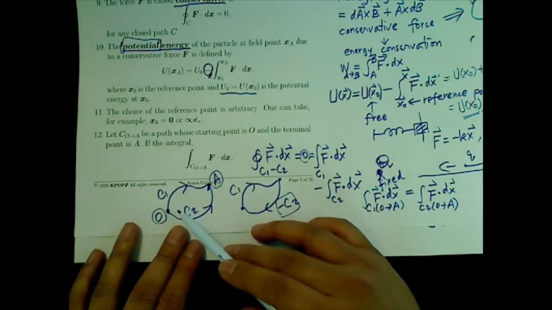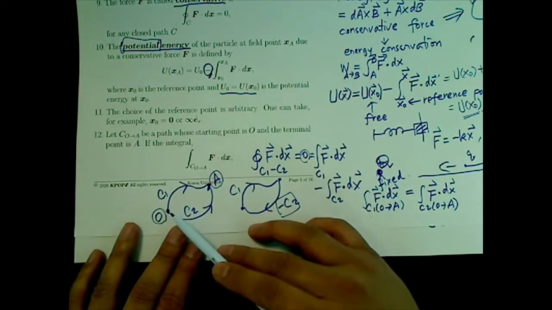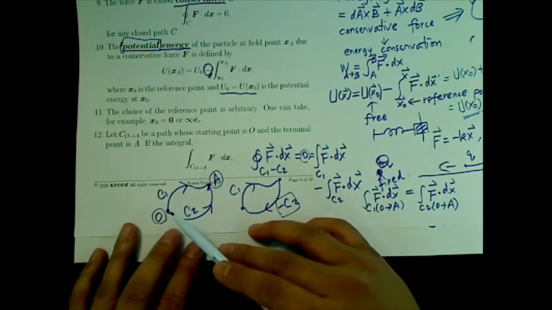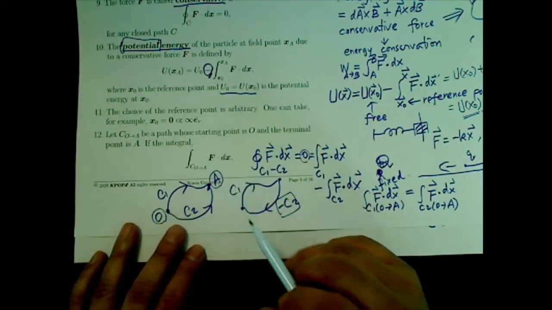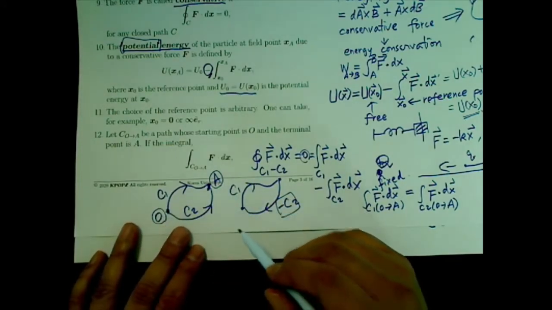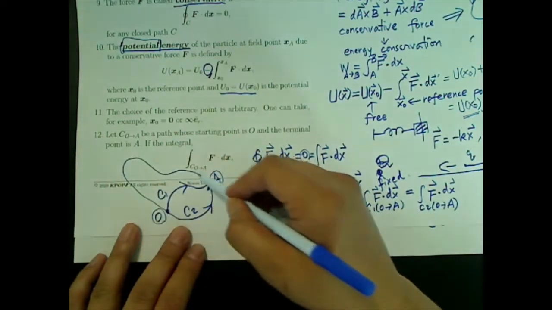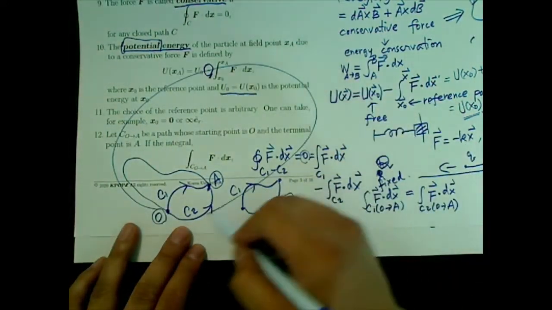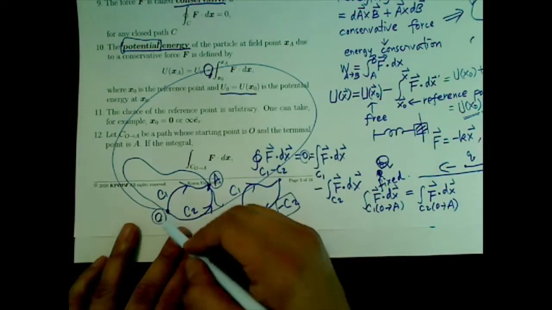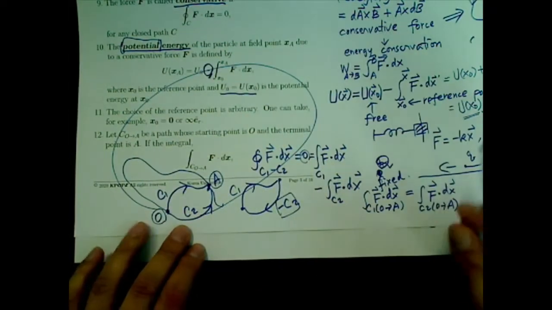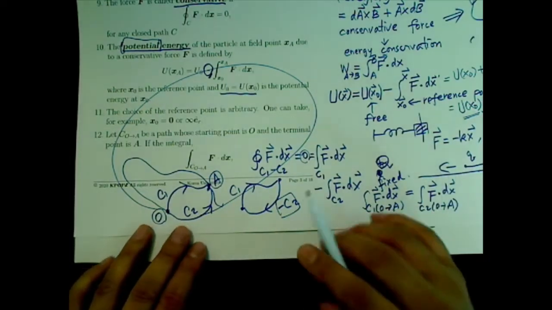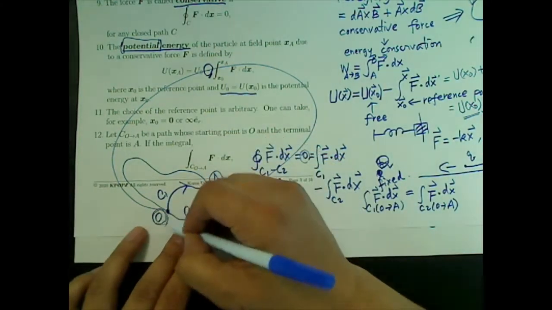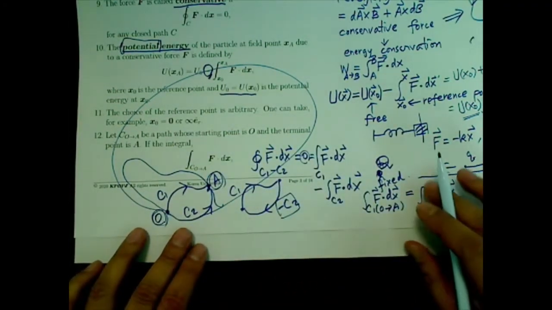Work done by a conservative force from a position to another position is independent of the path. So we can choose an arbitrary path, any path. It does not depend at all on the path. It does depend on the starting and end point.